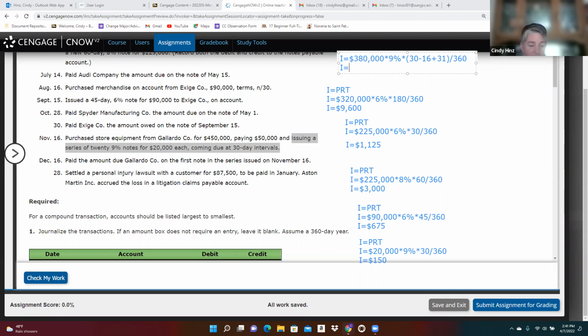380,000 times 9% times 45 days out of 360. And so the interest that has accrued, $4,275. That's $150 a month times 1.5 months times 19 notes.